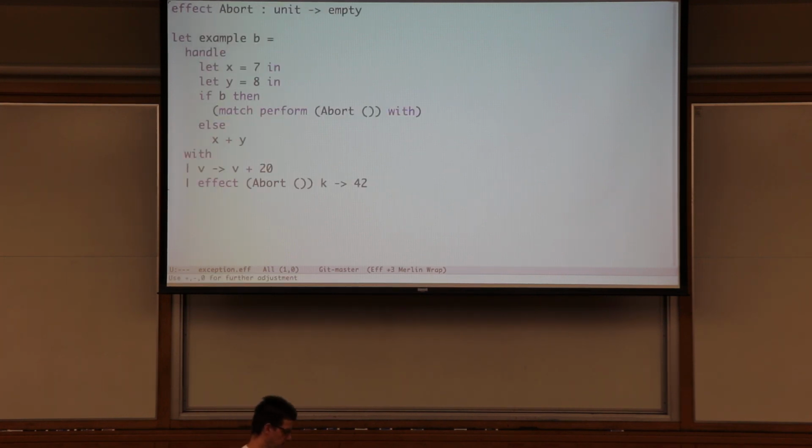What you do is we can declare a new operation. Some operations are built into the environment. The external environment provides them. But here we have an expression. Here we are declaring a new operation called abort, and it's called effect. It used to be called operation. Nowadays it's called effect, because we're compatible with multi-core OCaml.